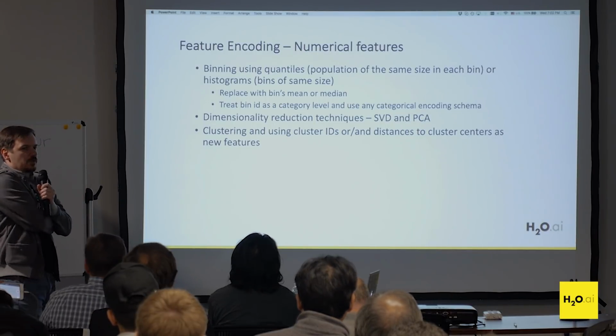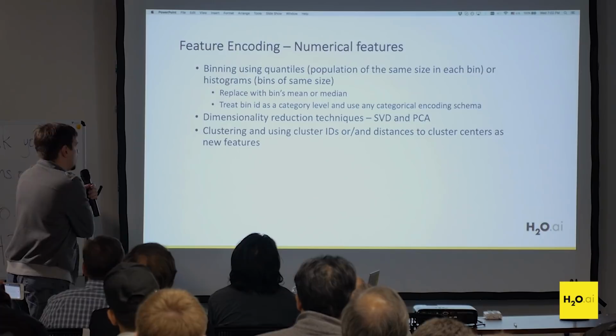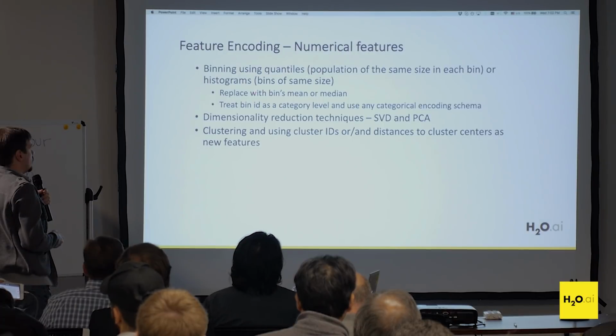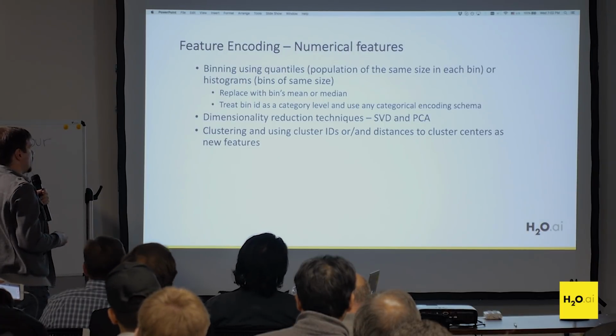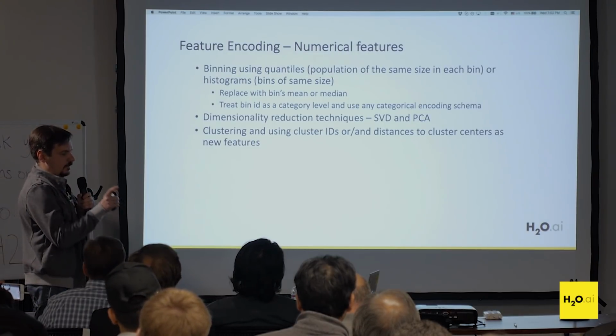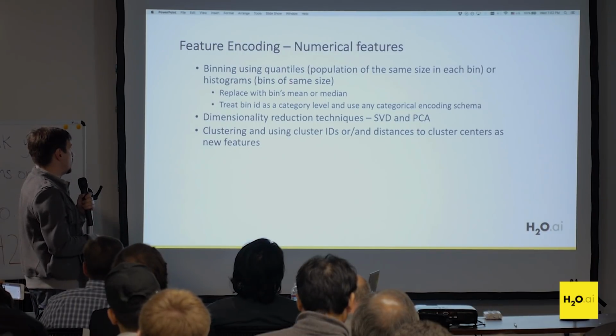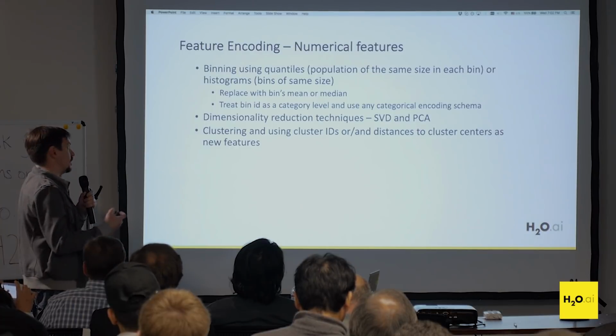You don't have to scale or normalize them, they're just good as they are. But you also can treat them as categorical by binning them into quantiles or using histograms. You can use bins of the same size, which is a histogram, or bins which have the same population inside, which is quantiles.